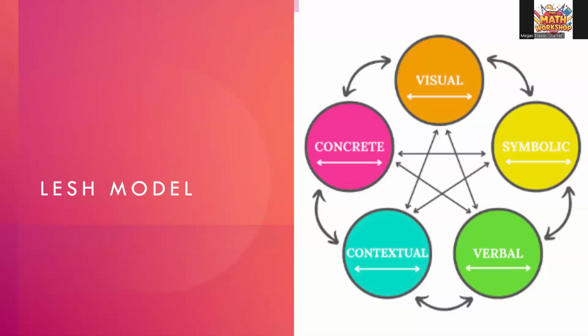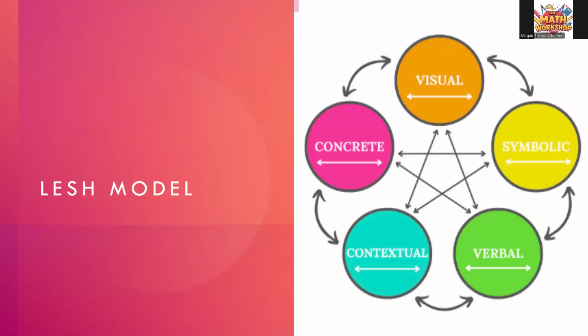So it's about that communication. Then we have the blue circle, that's contextual. This is really important too. That contextual model, that is related to word problems, story problems, real life examples in a real world context.